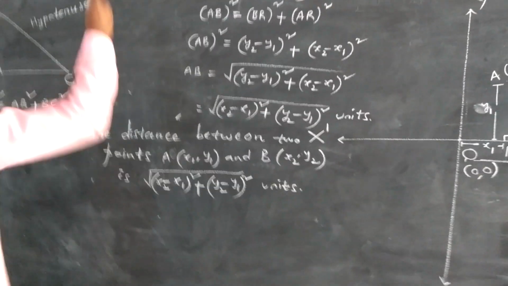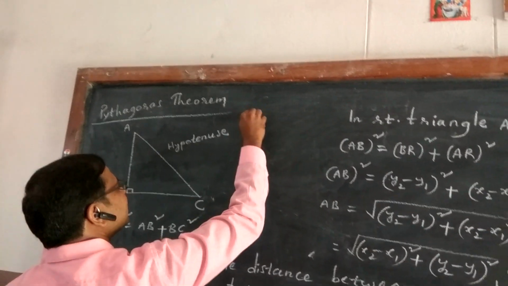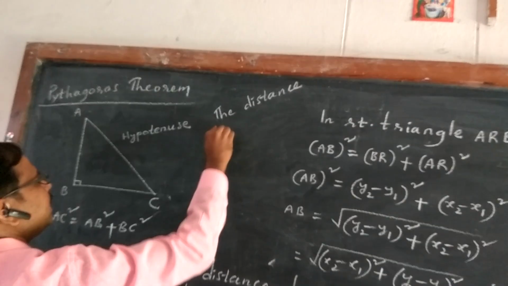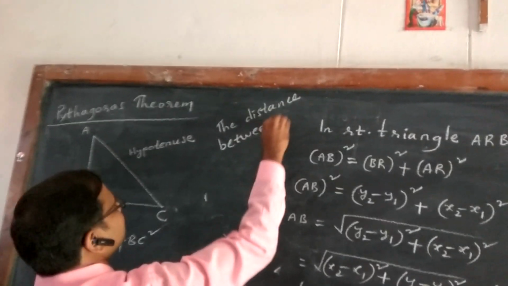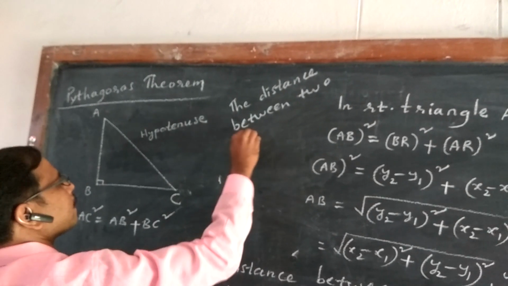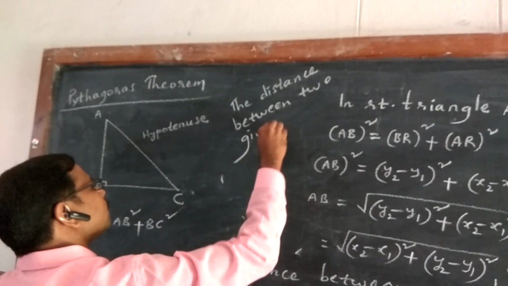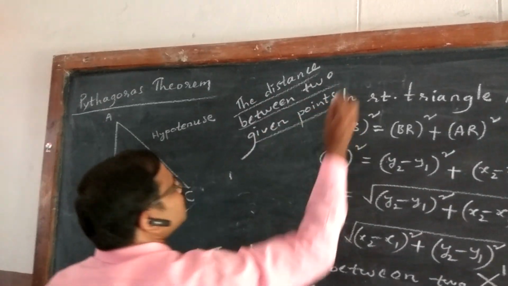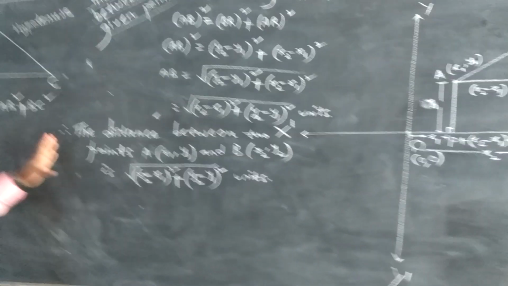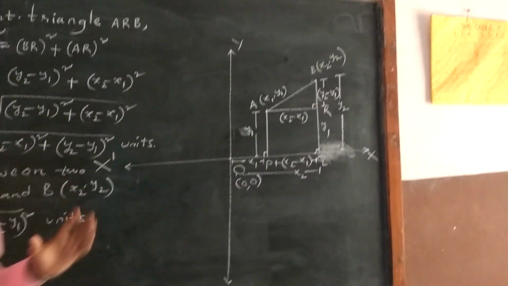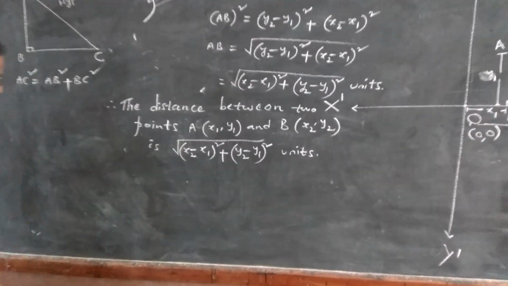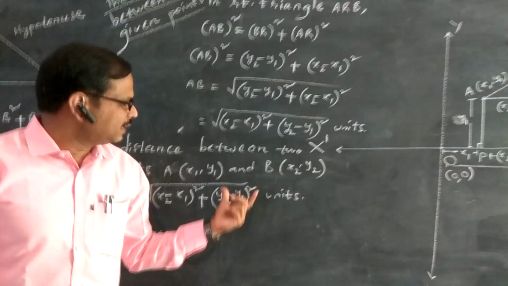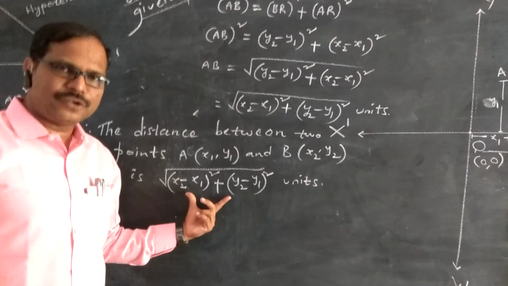Units. So what is our topic today? The distance between two given points. We can find the distance between 2 points in the coordinate plane by using this formula.